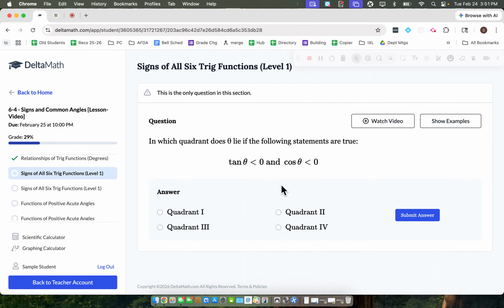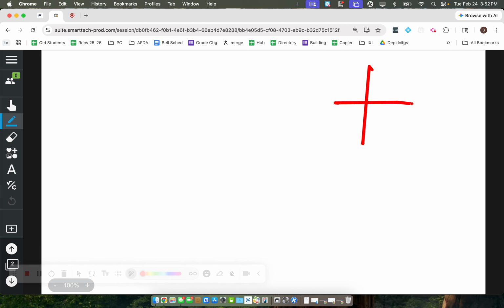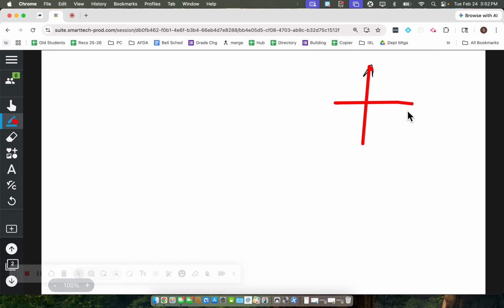All right, so this you need a little background knowledge. You're going to have to accept as we move toward the coordinate plane. This is the coordinate plane. Y-axis, x-axis.